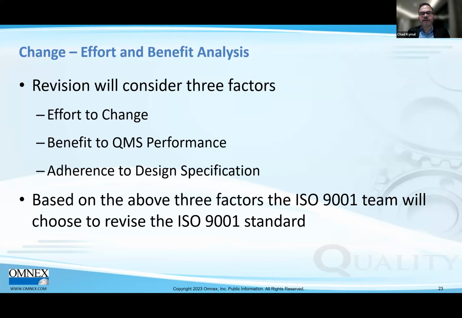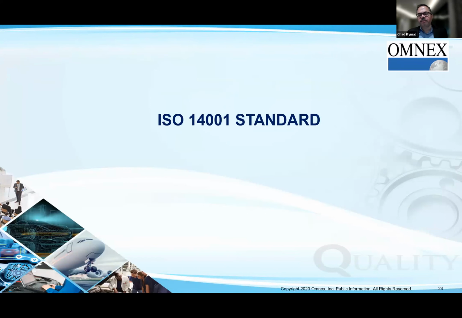What is the benefit coming out of it? And then, are you really adhering to the design specification goals? Based on these three factors, they will decide whether to include the revision or not. Okay, that is two of the standards here. I am actually halfway done with my part of the presentation, okay?